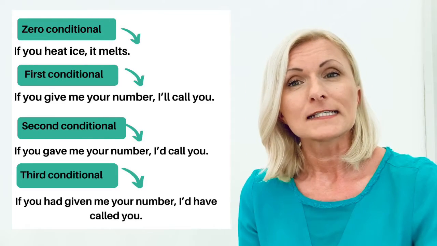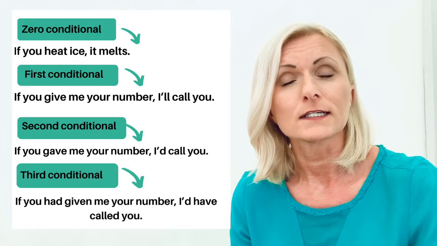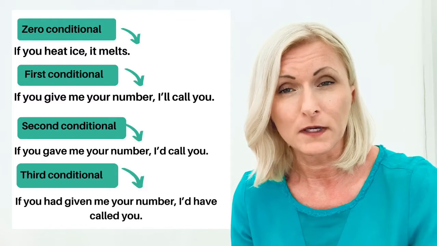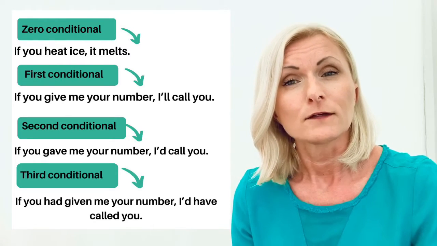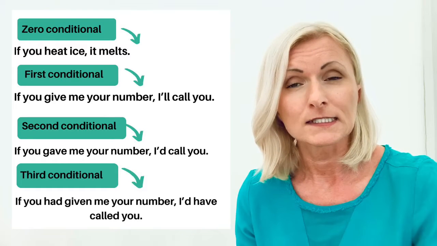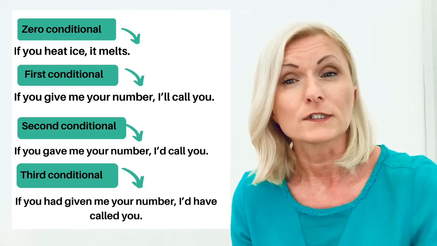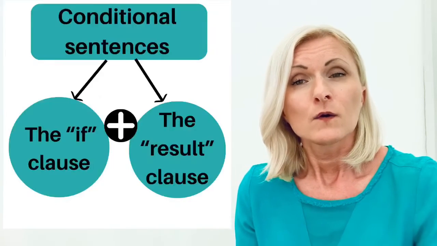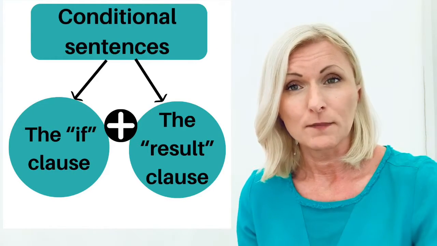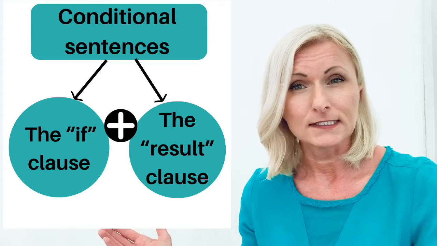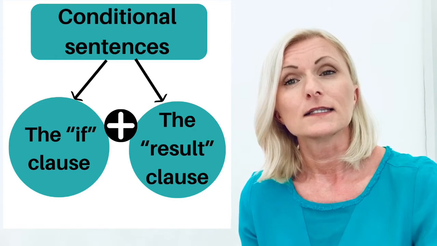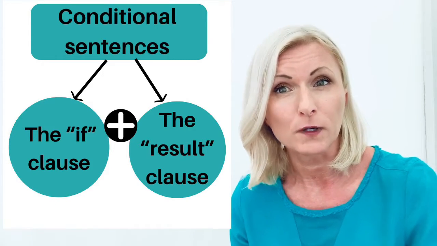And for the second conditional, I've got if you gave me your phone number, I would call you. And for the third conditional sentence, I've got if you had given me your phone number, I would have called you.